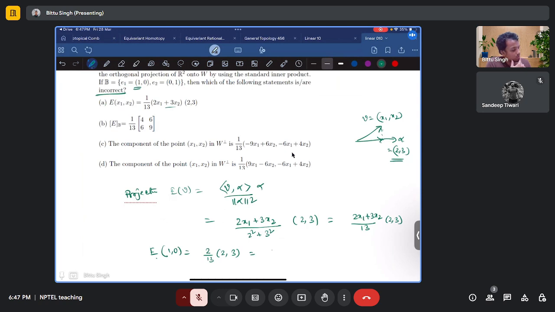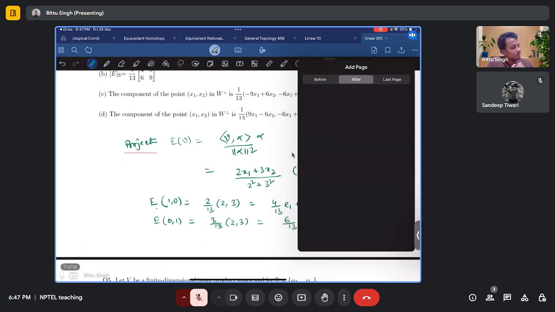So it is the same as 4 by 13 E1 plus 6 by 13 E2. Similarly, E applied on E2, which is (0, 1), will give us 3 by 13 into (2, 3), which is the same as 6 by 13 E1 plus 9 by 13 E2.